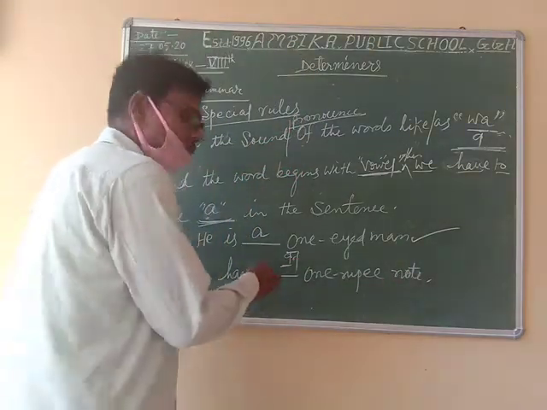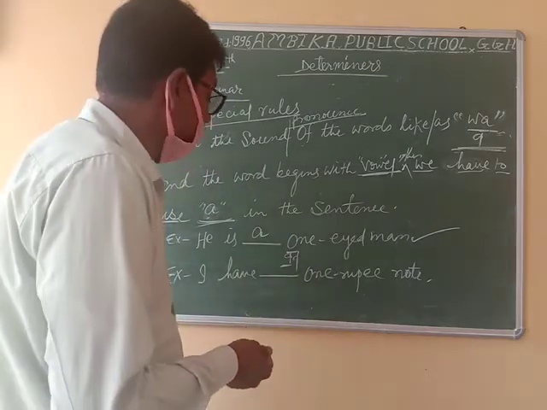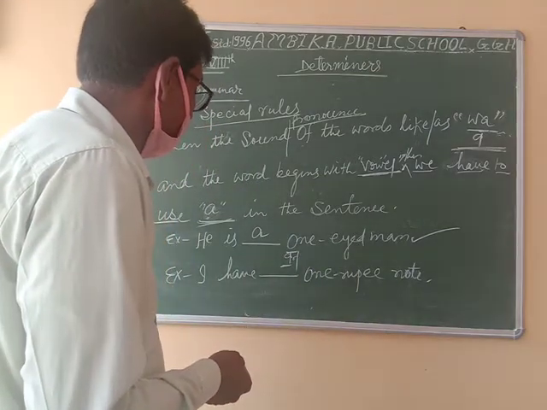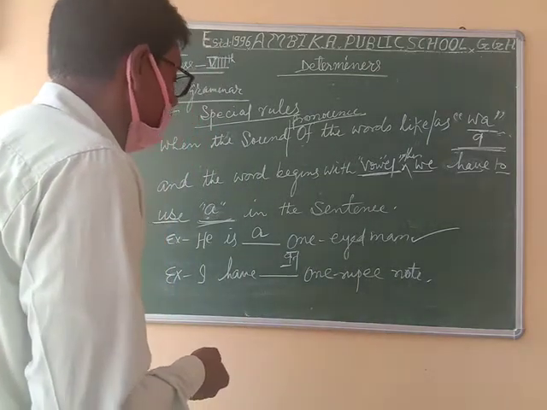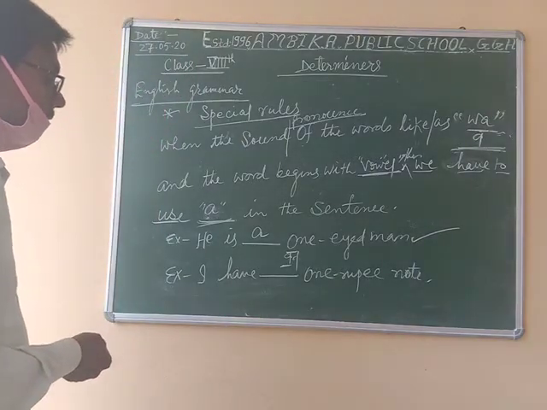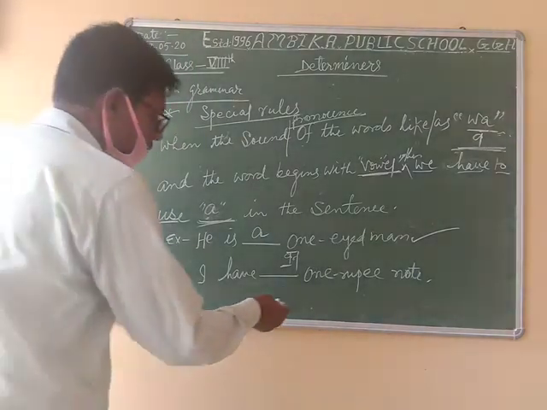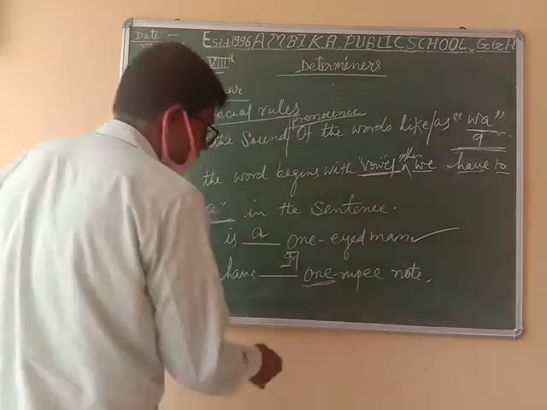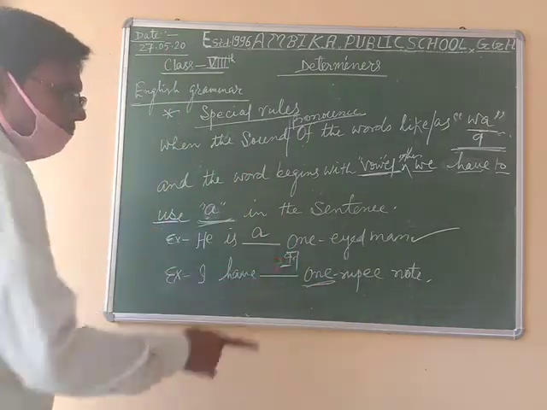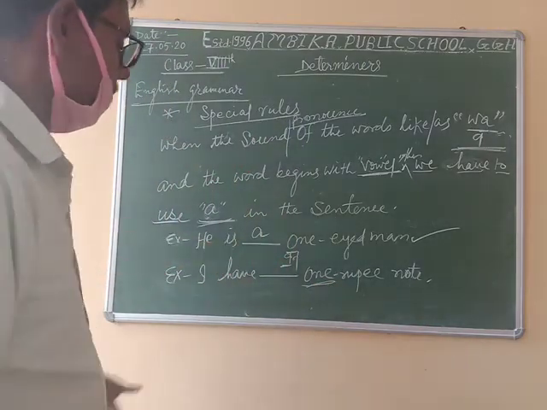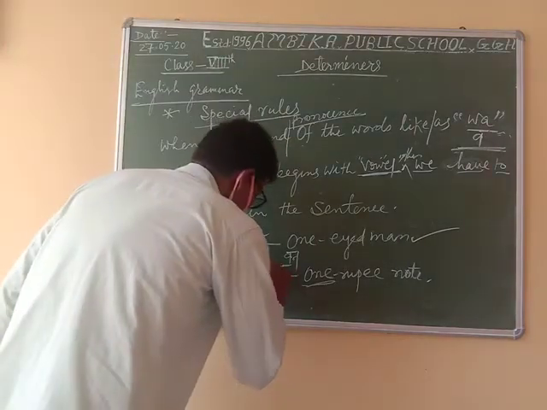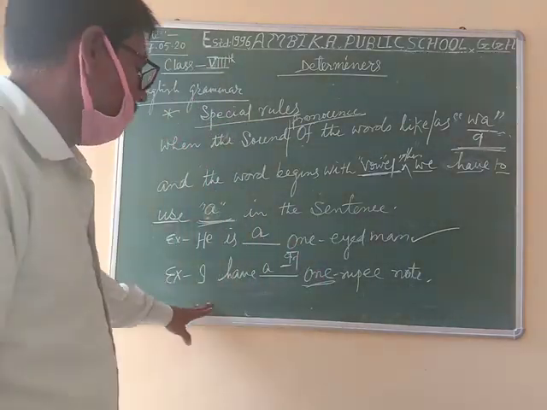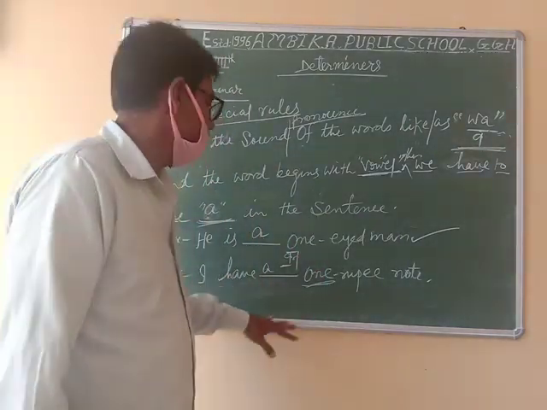Okay, you can't use an article in the sentence, and I have to use a article in the sentence because one's pronunciation is this. So have to put a article in the sentence. Clear? I have a ₹1 note.